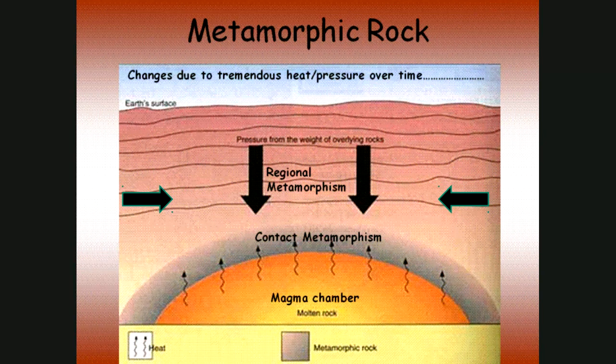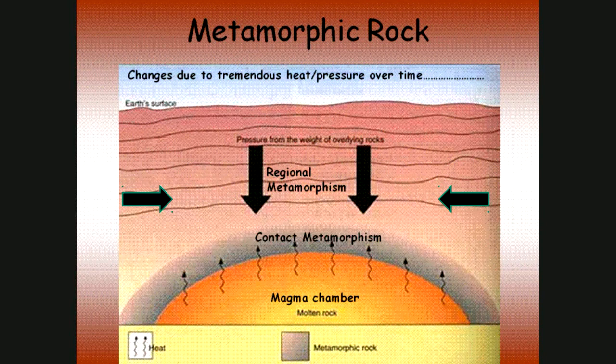It really does. But I can tell you this, both are tremendous. And if this tremendous heat and pressure is built up from tectonic plate movements, it can affect an entire region or portion of a continent.